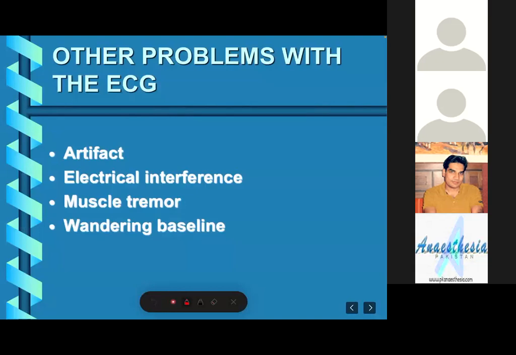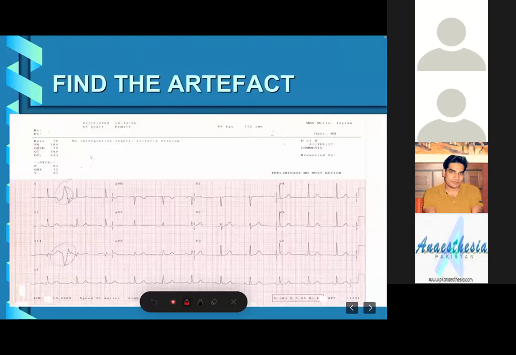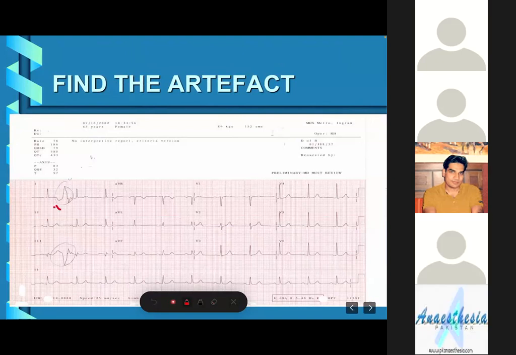Other problems with the ECG, let's discuss like this one. This is not a PVC. This is an artifact. The electrode is misplaced during this beat, or the patient moves, and then this type of tracing is present. How could we confirm it?